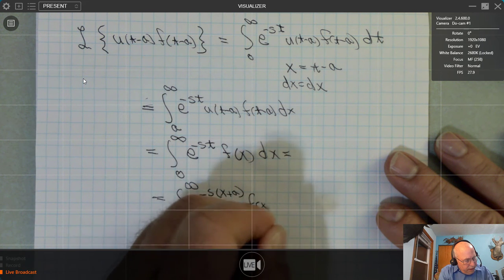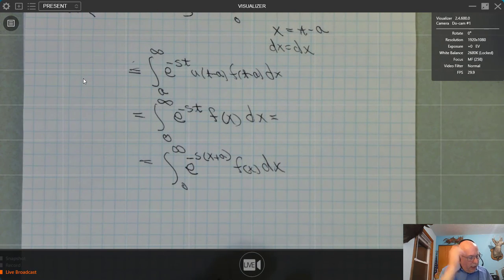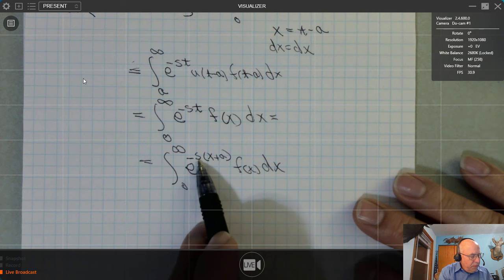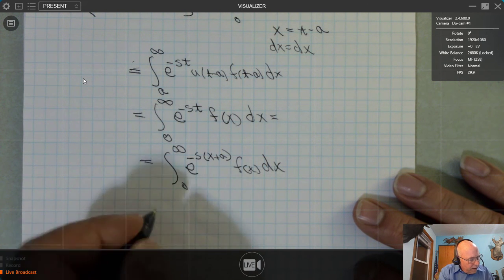There we go. Now it's fully translated to the new variable x, and just like we did before, e to the minus s times a comes off as a separate factor.